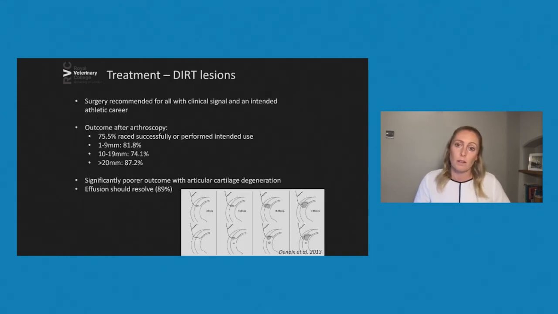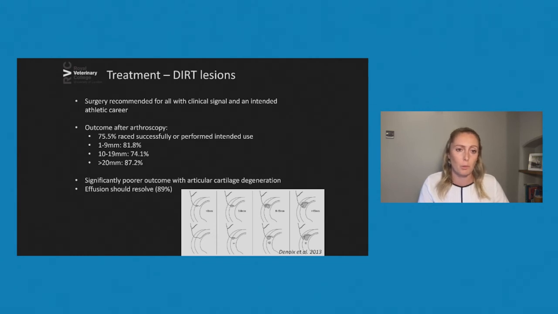In OCD lesions in the hock, or the tarsal joint, surgery is really recommended for all horses with clinical signs and an intended athletic career. After arthroscopy, 75.5% raced successfully or performed the intended use.